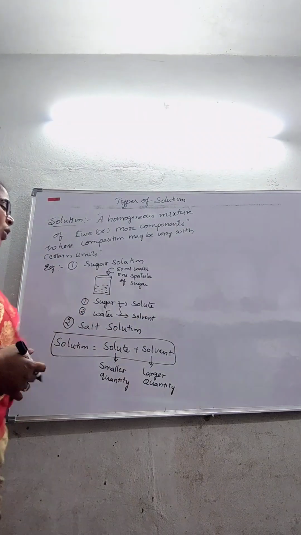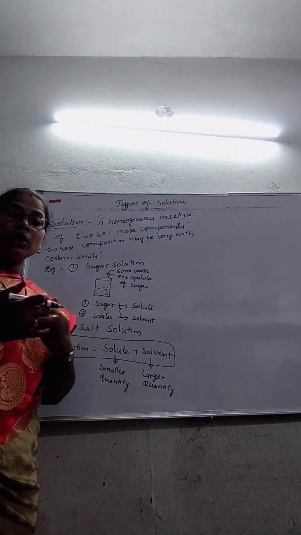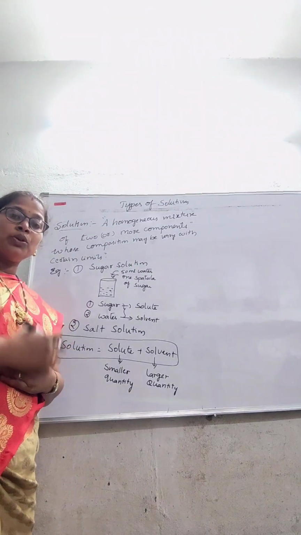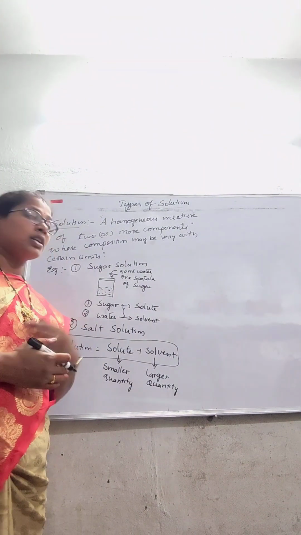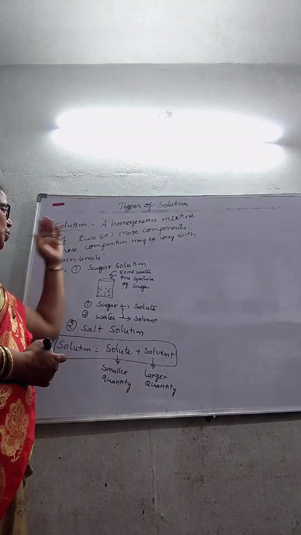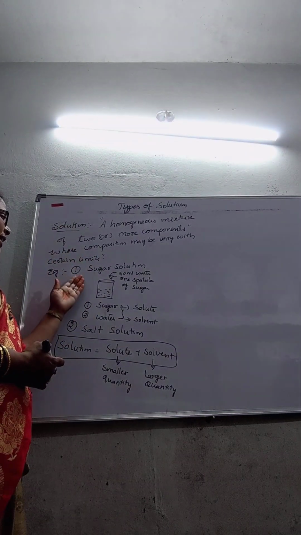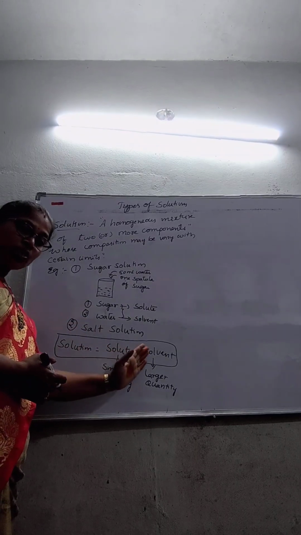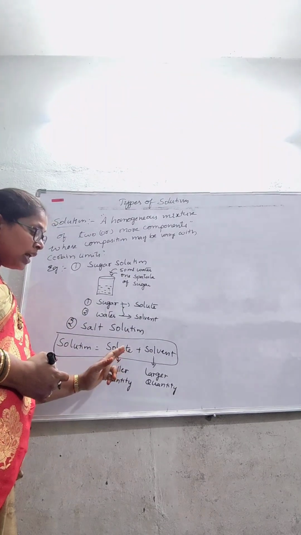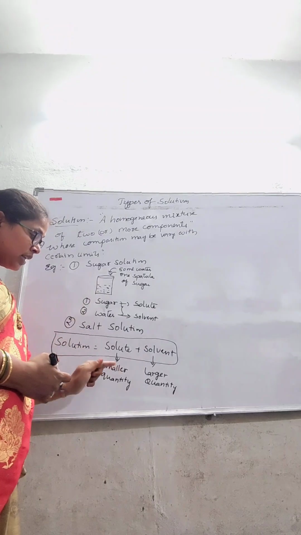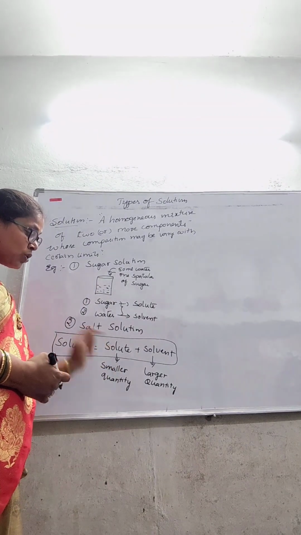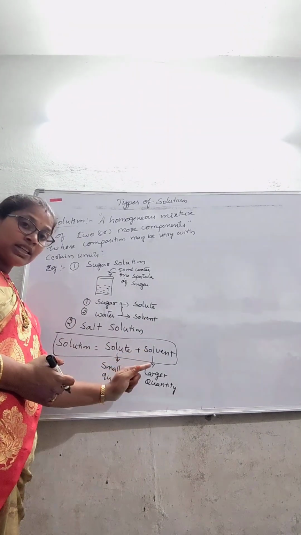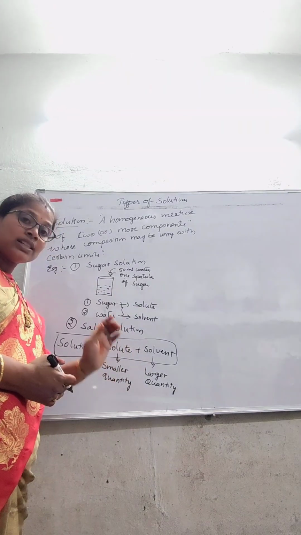So a homogeneous mixture of two or more components whose composition may vary within certain limits is called a solution. Here we took the example of sugar solution. Solution is nothing but solute plus solvent. The component present in smaller quantity is the solute, and the component present in larger quantity is the solvent.